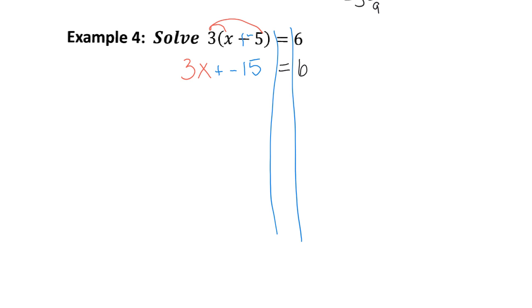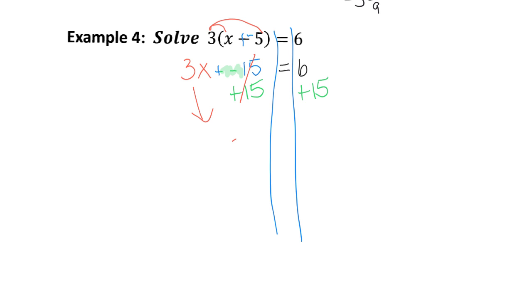What's the opposite of a negative number? So this is a negative, right? So what's the opposite of a negative? The opposite of a negative is a positive 15. So we're going to be adding 15 to both sides. These 15s cancel.